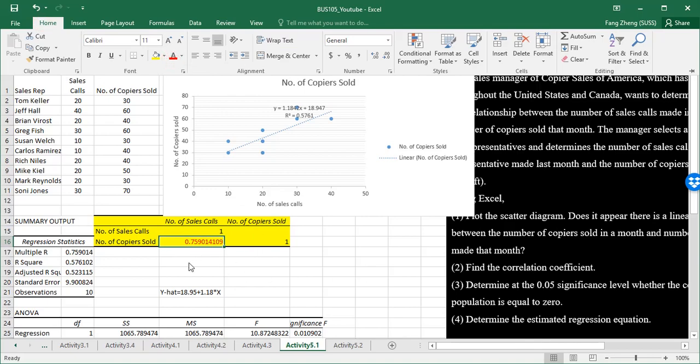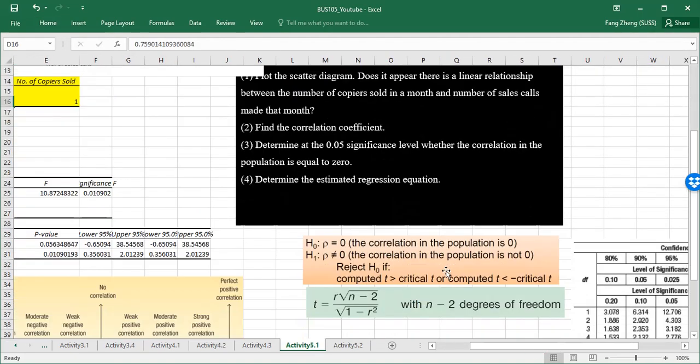The correlation coefficient is 0.759. After we find this correlation coefficient, it gives us the idea of the magnitude of the relationship. When we answer this type of question, I recommend you refer to this chart here.